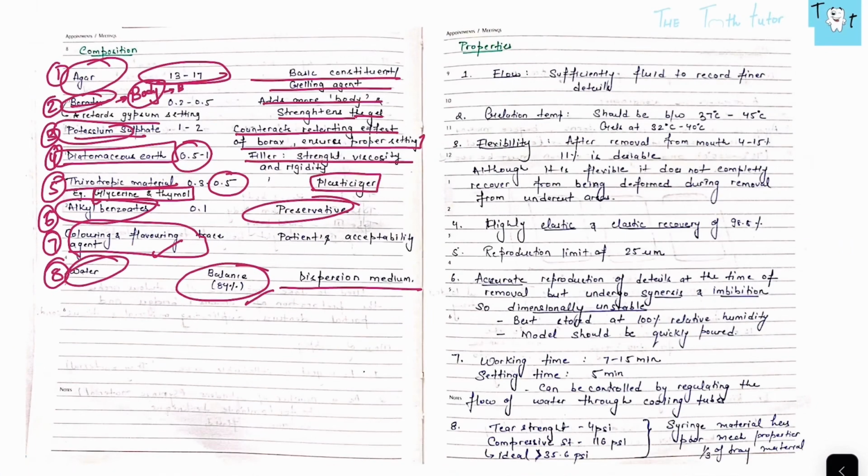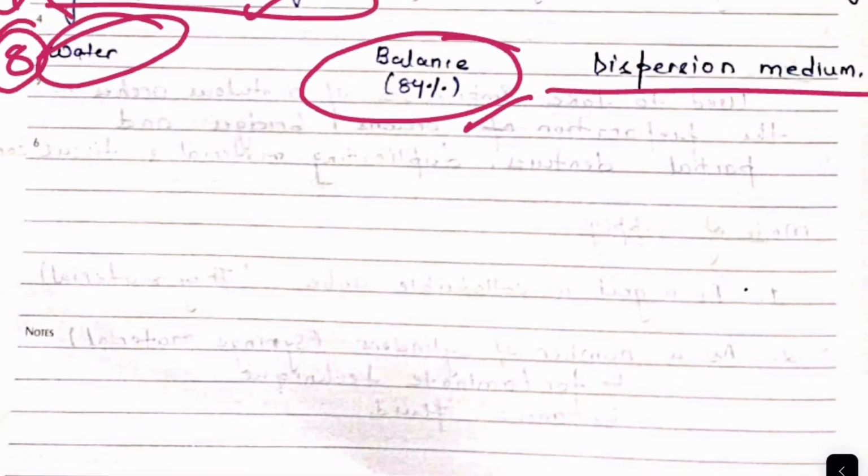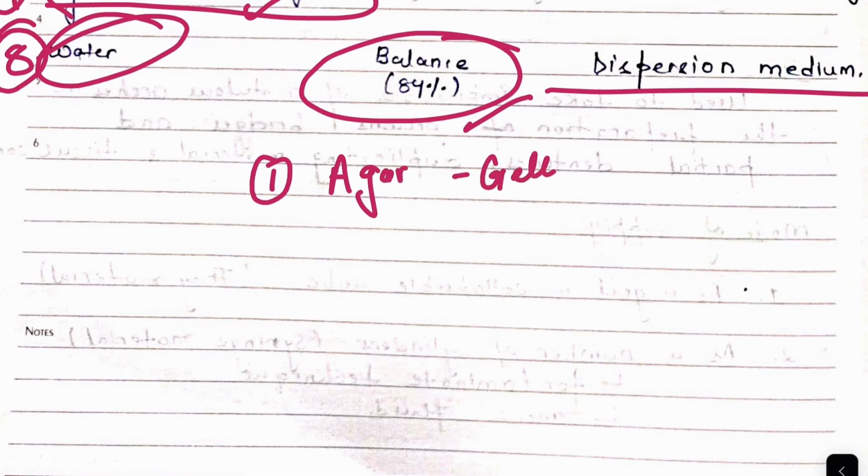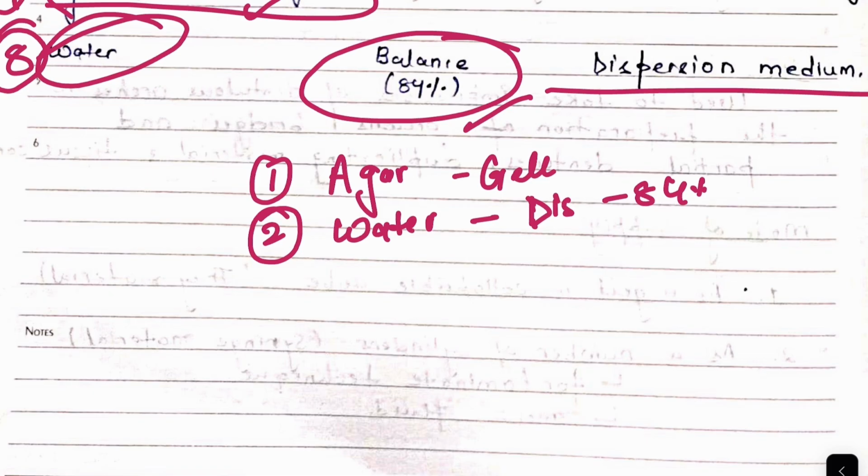So if you go over it once again, just to revise, we have eight components. First, we obviously have agar, the gelling agent. Then the bulk that is formed by water, the dispersion medium, which is 84%. Then we always have a filler and we always have a plasticizer.